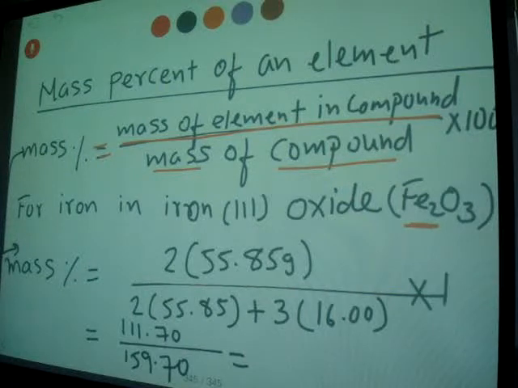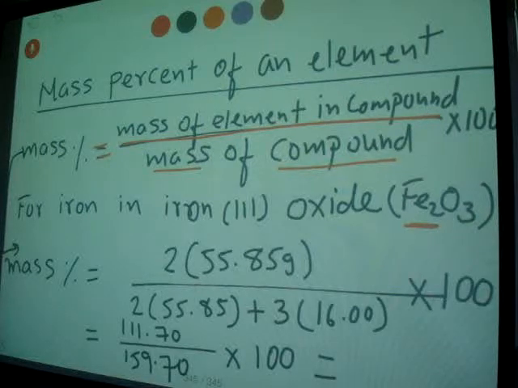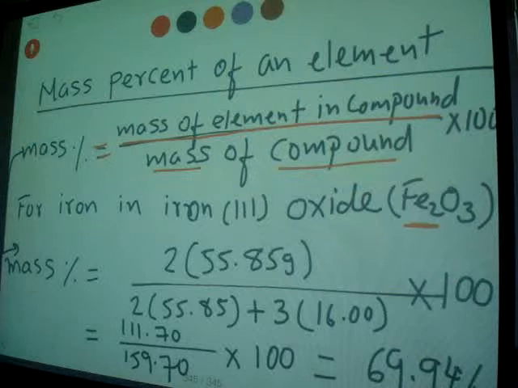Let me rewrite that. We need to multiply by 100, and when you calculate you get 69.94%. So you can calculate mass percent of iron in iron 3 oxide.